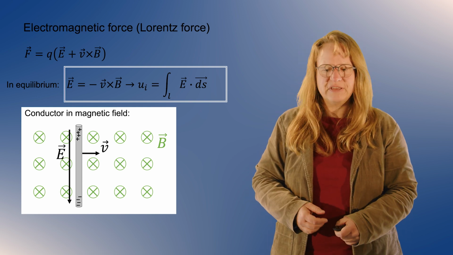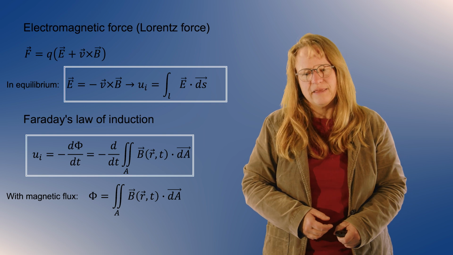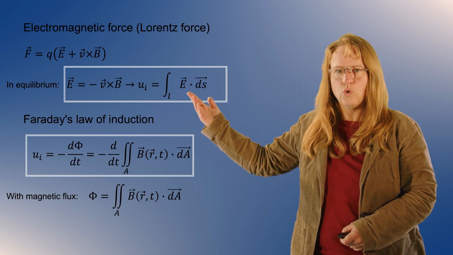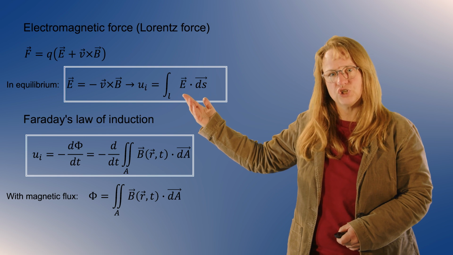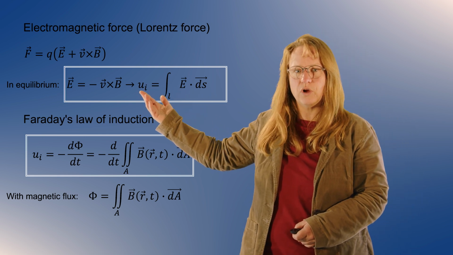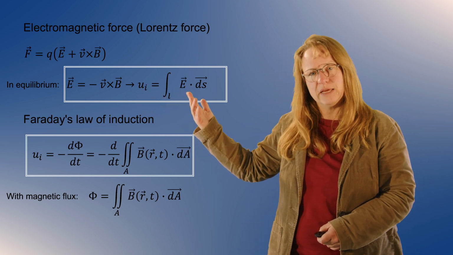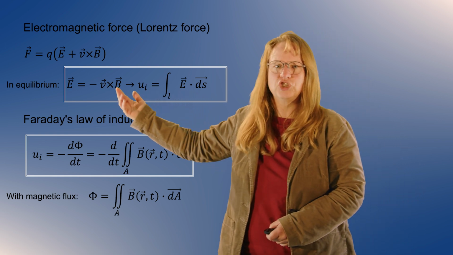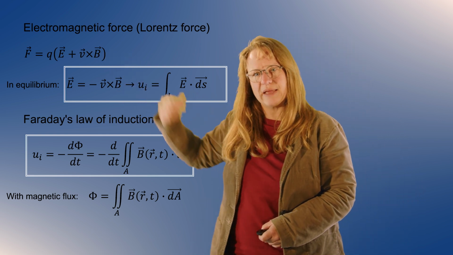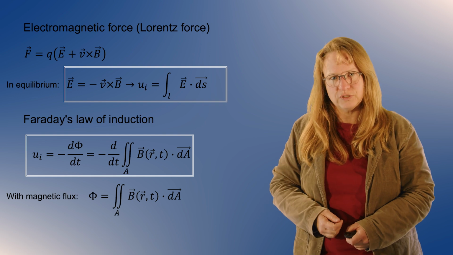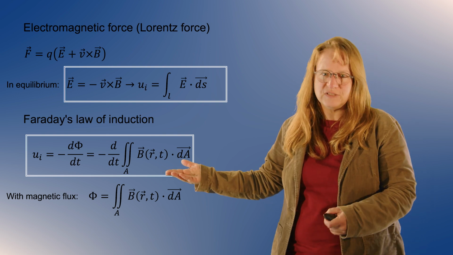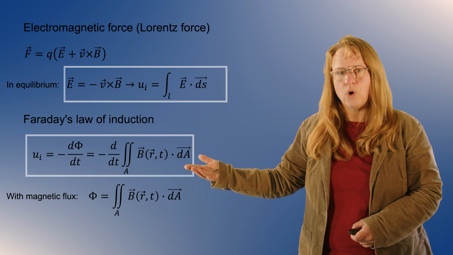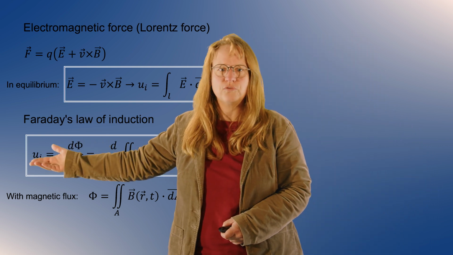So summing this up with the equations, first of all, we have this Lorentz force approach here that gives us an induced voltage, calculated by integrating the electric field that is obtained when charges are separated in the magnetic field due to the Lorentz force. Alternatively, as we have seen previously, we can use Faraday's law of induction to also calculate the induced voltage.